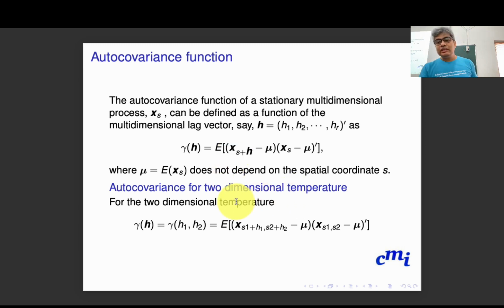In the two-dimensional temperature case, what you will have is gamma of H1, H2 for two different lags: S1 plus H1, S2 plus H2, minus mu, and S1, S2 minus mu, and then take the covariance matrix. So obviously for different H1 and H2 choices, it will give you the matrix that you are looking for.